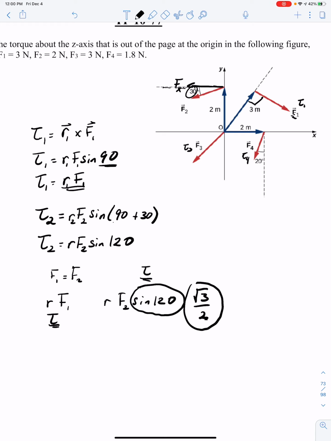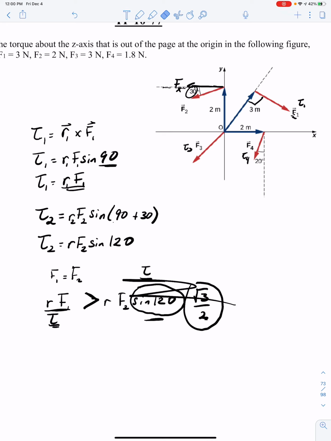Just because you put an angle in it, the force that you're applying is weaker than when you have it perpendicular. So, in effect, the torque without the angle is going to be larger than the torque or the force being applied with an angle.